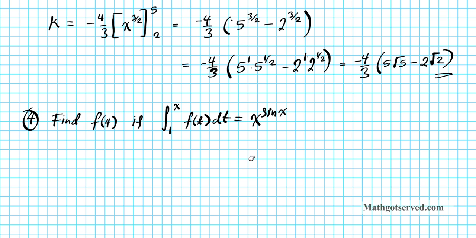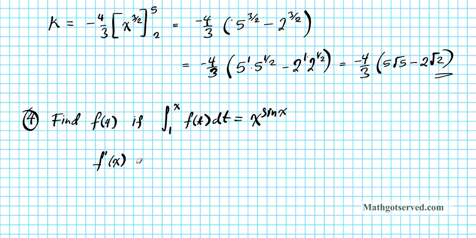Okay, so to find f of 4, first thing we have to do is find f prime of x, and then evaluate it at 4.